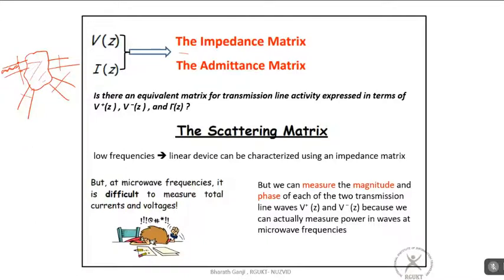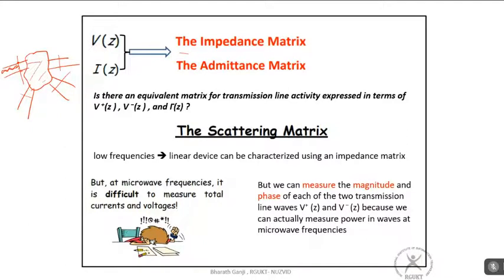In addition to it, a practical problem exists when trying to measure voltage and currents at microwave frequencies, because direct measurement usually involves the magnitude measurement or the phase measurement of the traveling wave in a given direction. Okay. Or usually we even measure these things for standing waves.